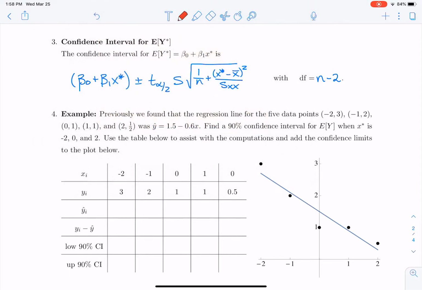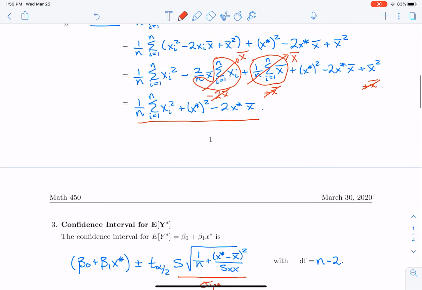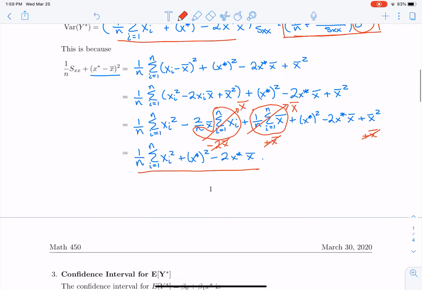So let's make sure we understand that this term right here is the standard deviation for y star. You can see that by looking at the variance for y star, which is right here. And what I've done is I've replaced sigma squared with s squared, and I've taken a square root.